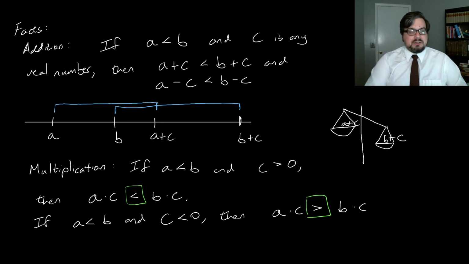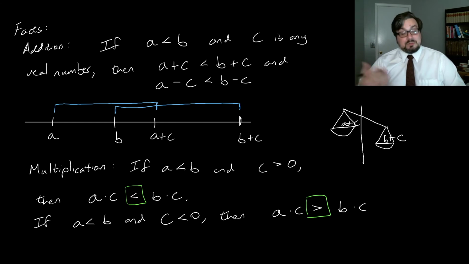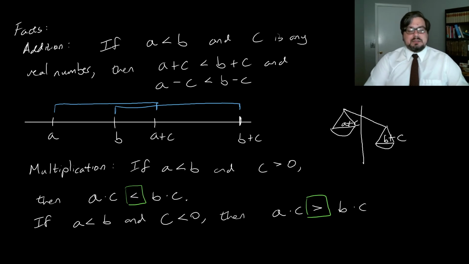So the point here is that if we multiply both sides of an inequality by a negative number, or divide both sides by a negative number, we have to change the direction of the inequality. If we do that, then we are safe.